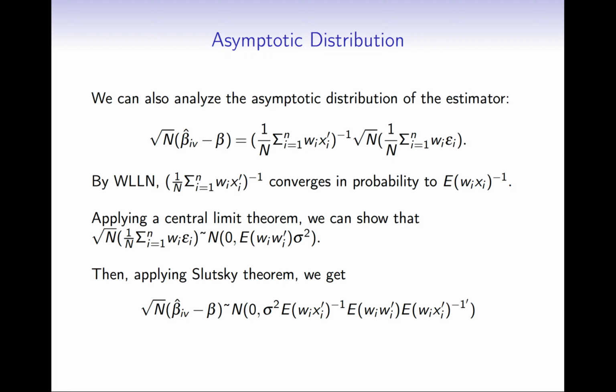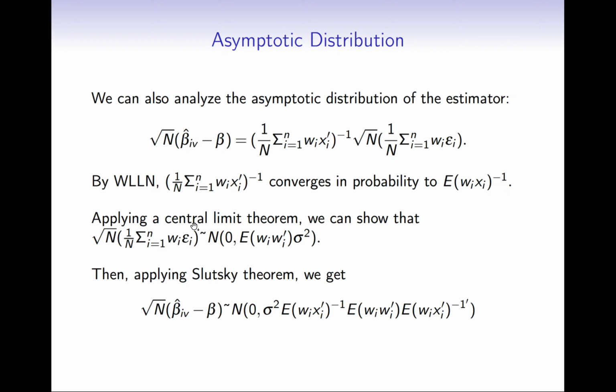We can also analyze the asymptotic distribution of the IV estimator. If we multiply here by root n, applying the law of large numbers, this goes to the expectation. This term here is going to be normally distributed, and we apply a central limit theorem to get that.